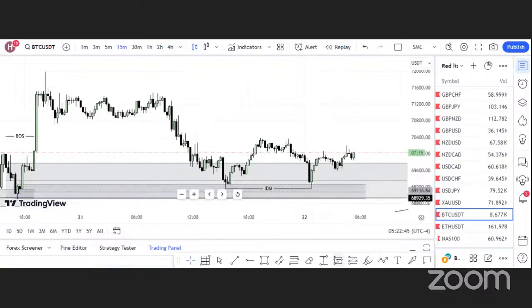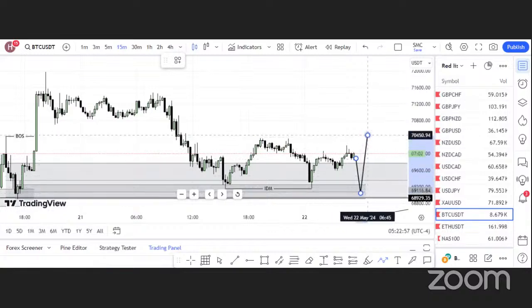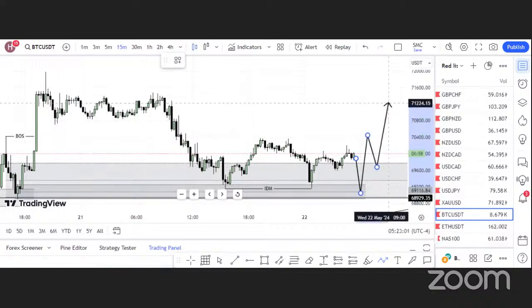So my entry point will be from this level. Okay, when the market comes back in here to make a retest, go out, make another retest, and then continue to go bullish.